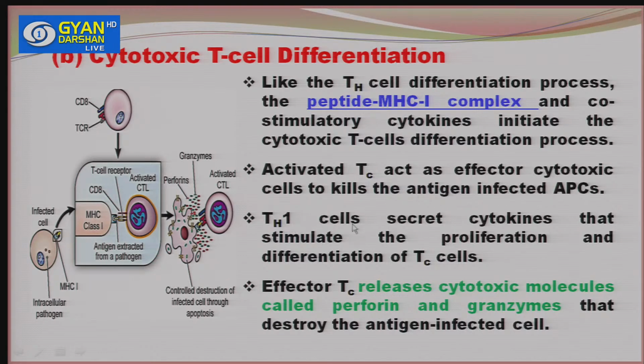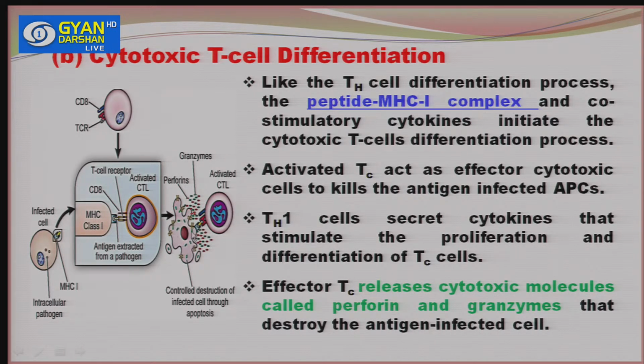and T helper 1 cells secrete cytokines and stimulate the proliferation and differentiation of the cytotoxic T cell. And the effector T cell, you can say the activated T cell, releases cytokine molecules called perforin and granzymes that destroy the antigen-infected cell.